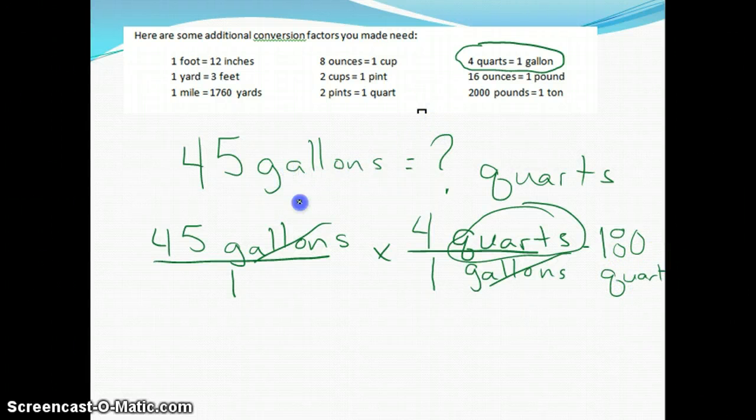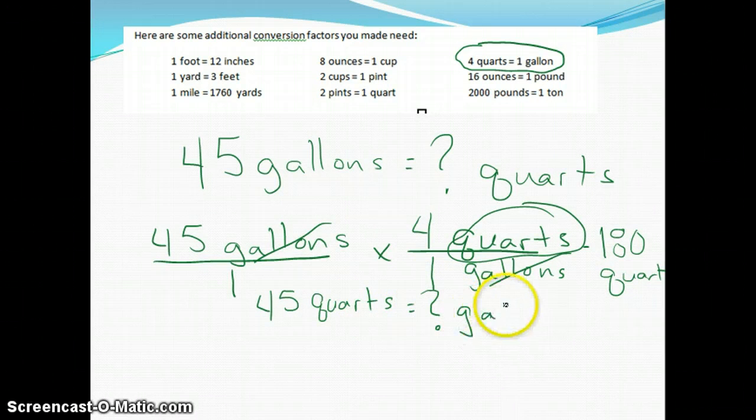All right, now we're going to turn this around and do another example going the other direction, because this time we'll have to divide. So if I have 45 quarts and I want to know how many gallons that is, it's going to be a different problem.